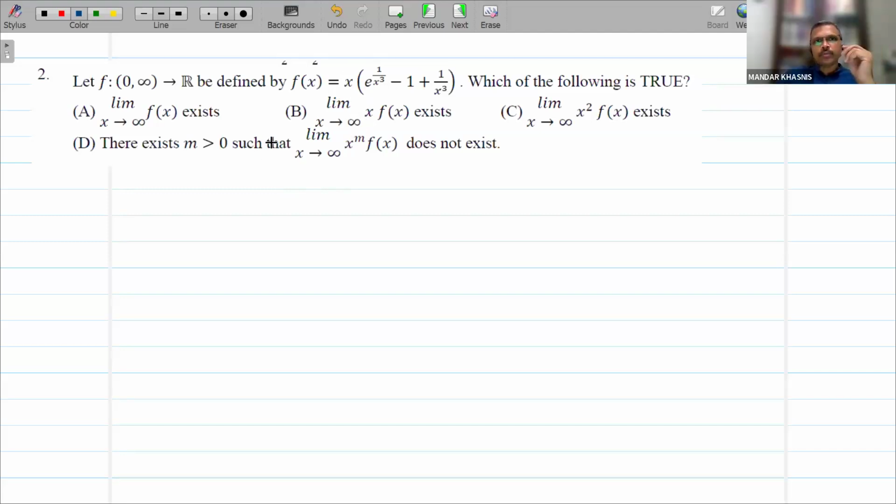Now the problem is, we can of course try applying L'Hopital, but then you have to keep checking it for f(x), then x times f(x), then x squared times f(x), and then x raised to m times f(x) also. So 4 L'Hopital के questions हो गए ये. So you can try that, of course, and see. Try it out. I'll take a 30 seconds pause.